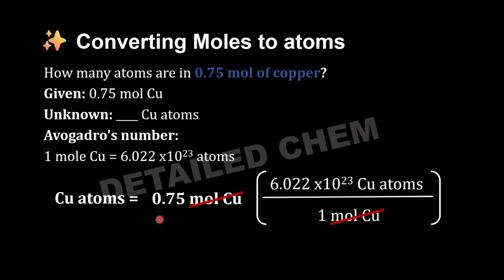Calculating 0.75 multiplied by this number, we get 4.5 times 10 to the power of 23 copper atoms. We should be mindful of significant figures: in this problem we have two significant figures, so our answer should also have two significant figures. So 4.5 times 10 to the power of 23 copper atoms.